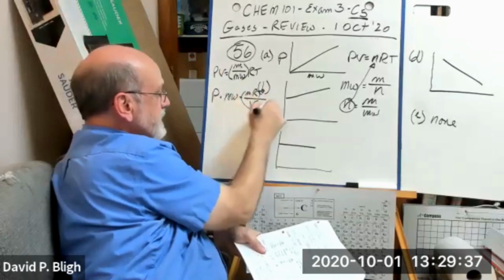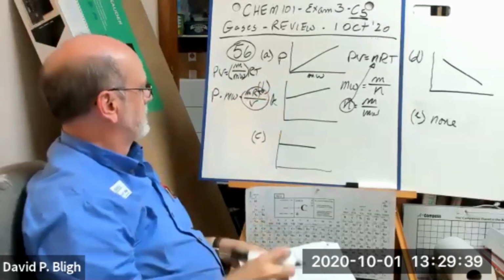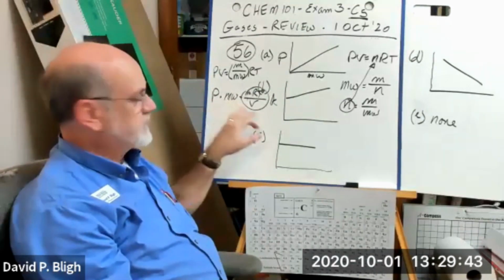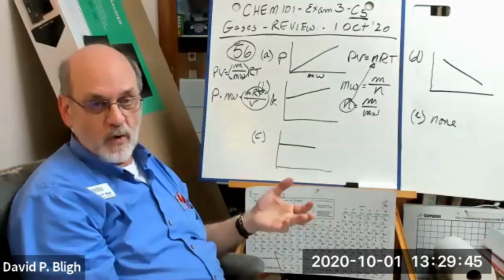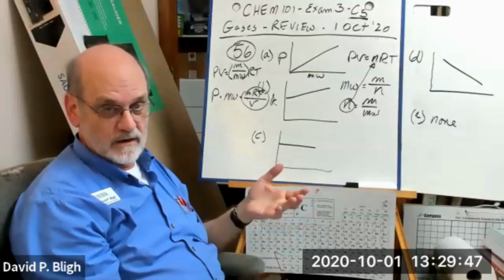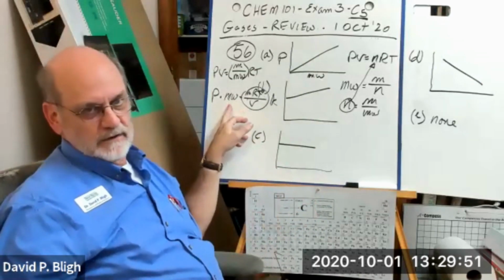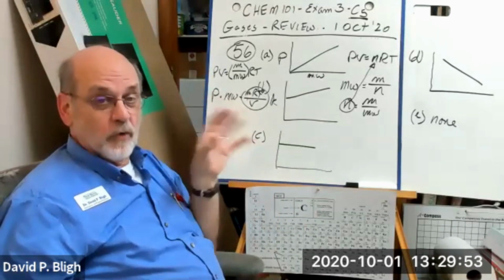Okay. If this is a constant, what does that look like? That times that is a constant is an inverse proportion. It looks like Boyle's law. Well, it has the same form as Boyle's law. That's not volume. But it has the same form as Boyle's law.